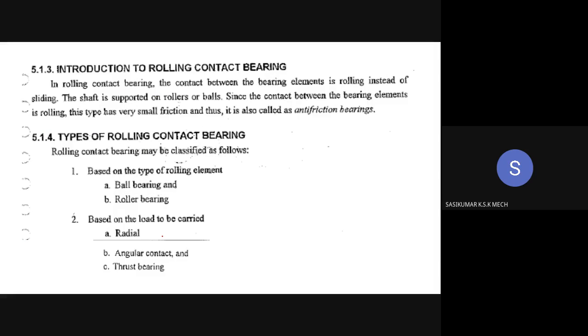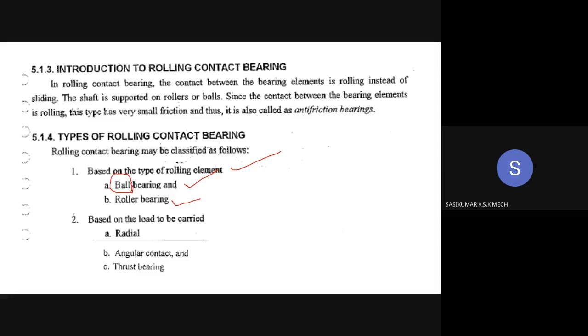And under the type of rolling contact bearing, based on the rolling element, it may be further classified, and also based on the load to be carried. If you take the type of rolling element, the inner element may be a ball or a roller.